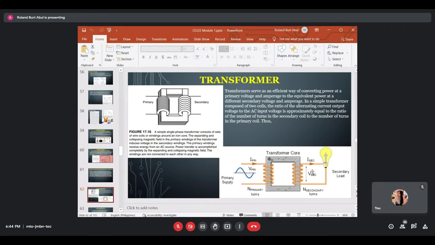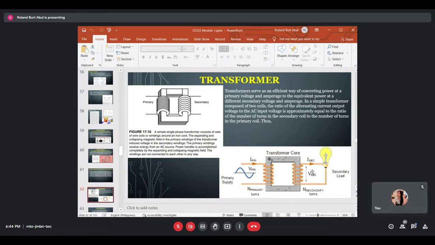Example, if ang utility nag-provide og voltage sa primary side of 13.8 kilovolts, so ang voltage sa secondary side is 230 volts na siya. So, step down siya, pero ga-produce gyapon og the same amount of power. Nakuha ba nato?